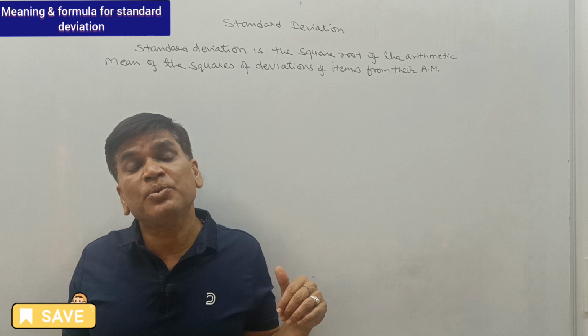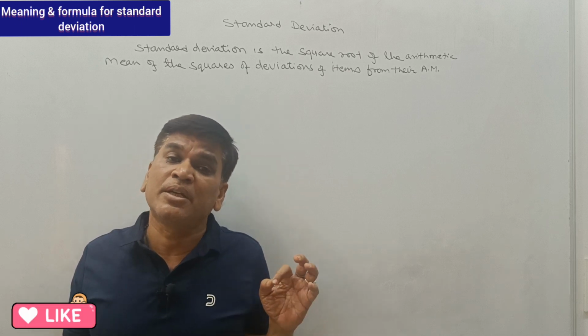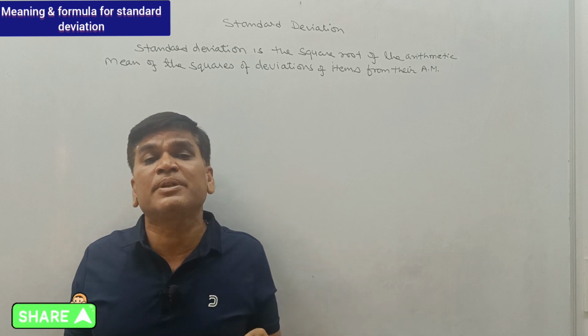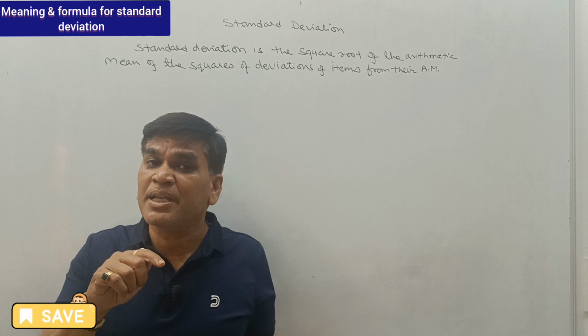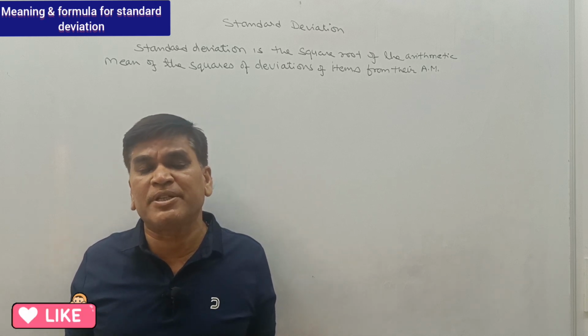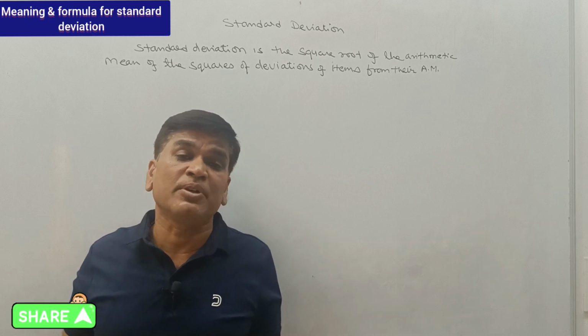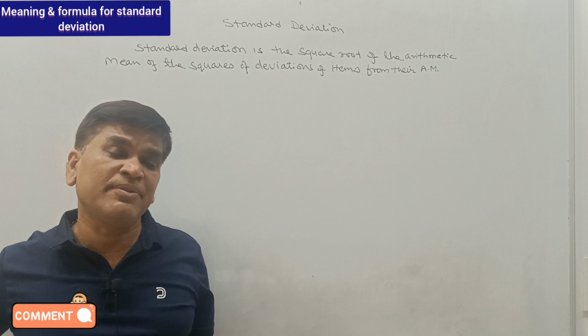Then we have to square the deviations. That's why we do not need to worry about plus or minus signs here, because we are taking the square of the deviation. In mean deviation we are not taking the square of the deviation, that's why we have to ignore the plus or minus sign there.